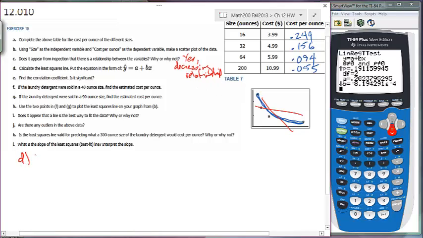So for letter D, we're going to say y hat is equal to, and then your a value is 0.2024 maybe, and your b value is negative 8.194 e to the negative 4, so that takes a decimal place and moves it over 4 times. So we'll start off with a negative 0.0008. So that's your a plus your b times your x. Now your x is just going to be your x, so we'll just leave it as x.